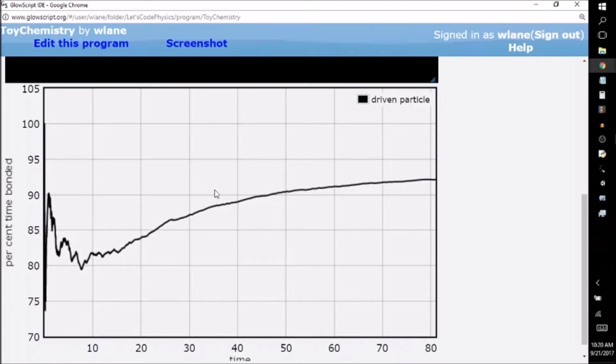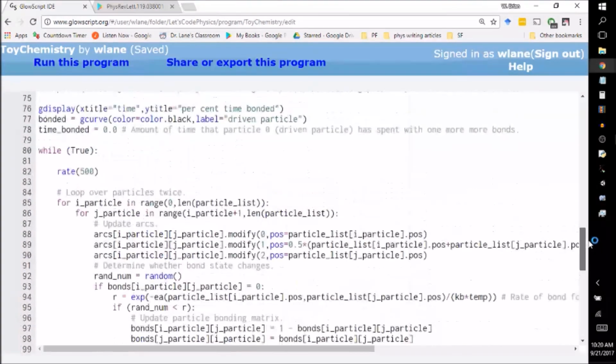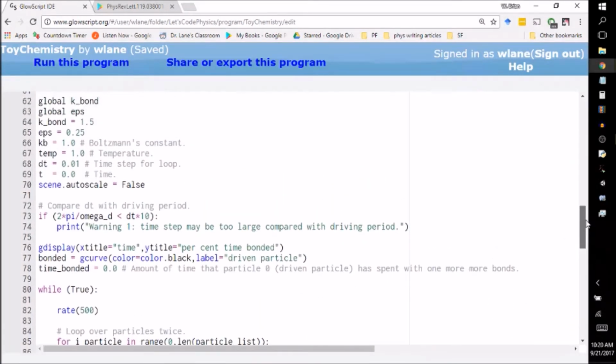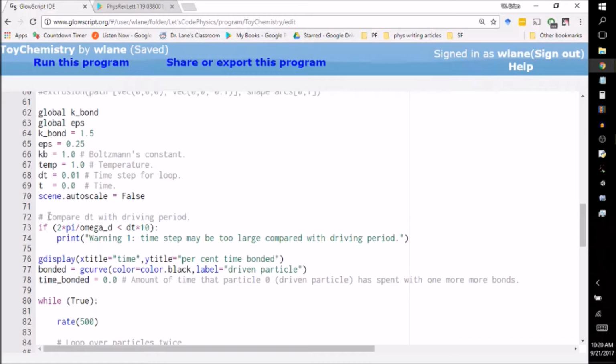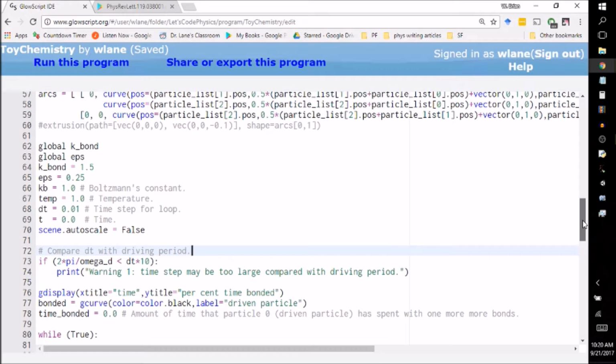I did add one other little housekeeping item that I'll show you since we have a little bit of time. I need to make sure that my dt, my time step, is reasonable. So I've added this line here at line 72 to compare the time step with the driving period. Remember, our particle 0 is experiencing a driving force with an angular frequency of omega d.